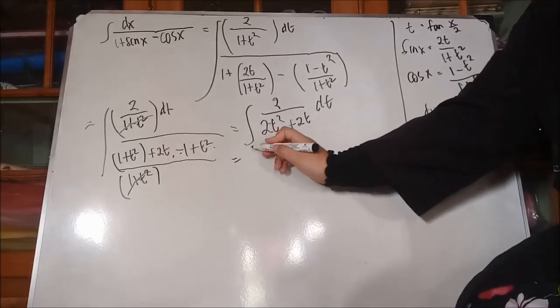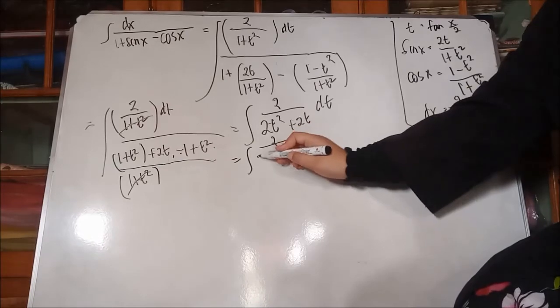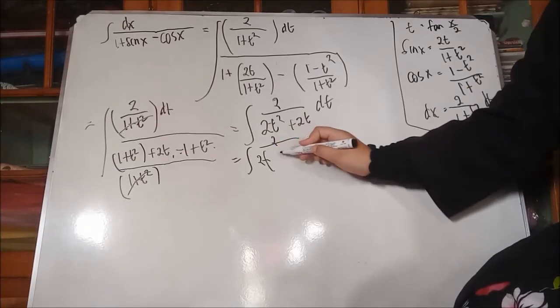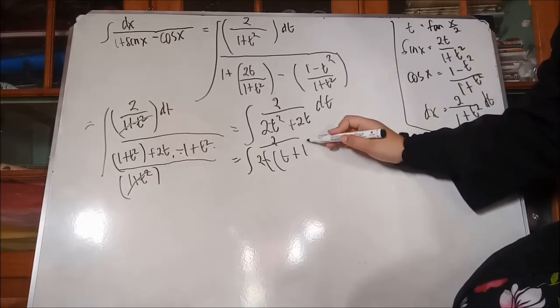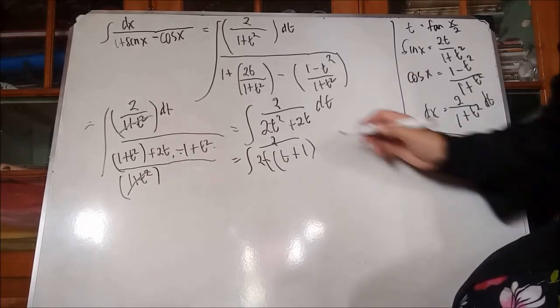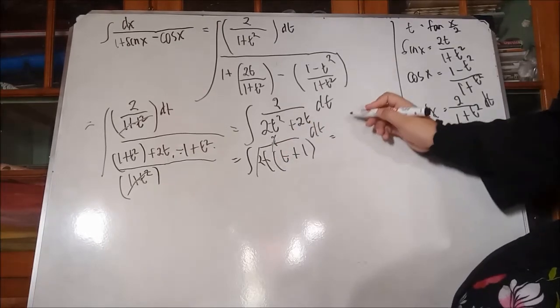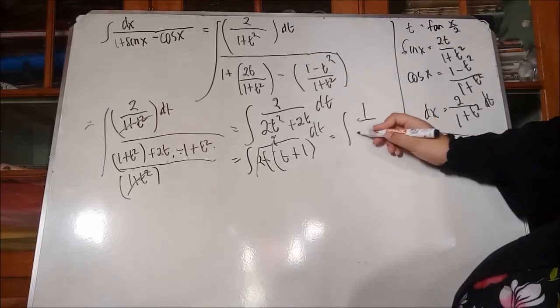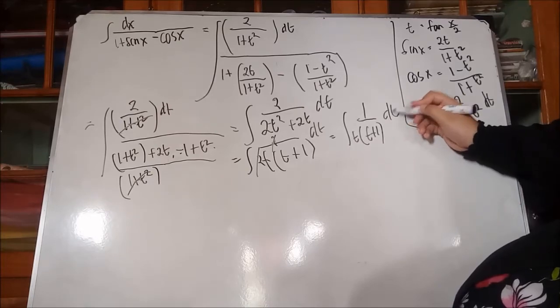And then we can continue, 2 over 2t times t plus 1, right? dt. So we can eliminate 2, so we can get 1 over t times t plus 1 dt.